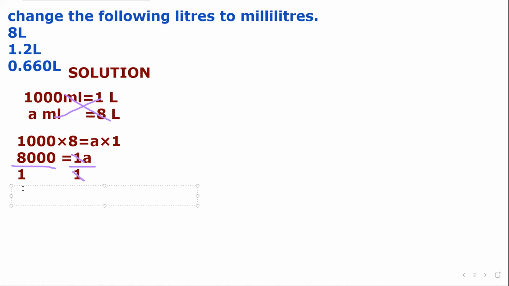So now A is equal to 8,000 over 1, which is the same as 8,000.